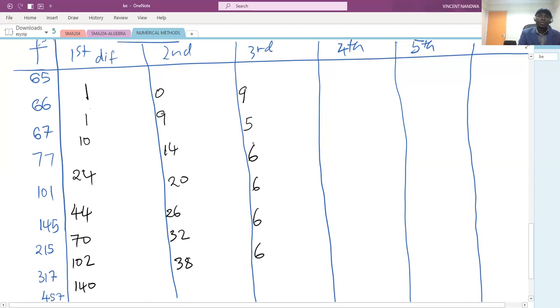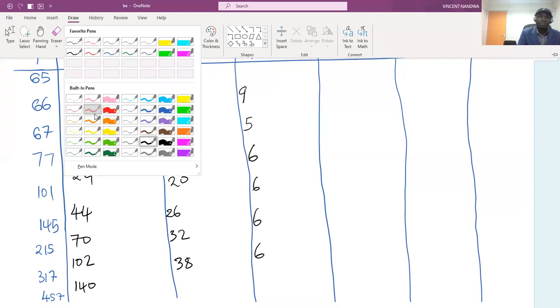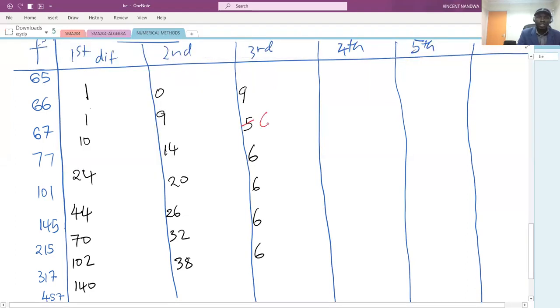Because many 6s appear in this column, this value must have been 6, and this value must have been 6. So we correct this one: make this one 6, make this one 6.